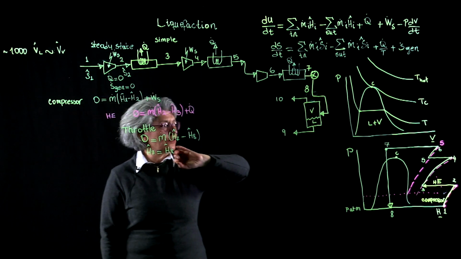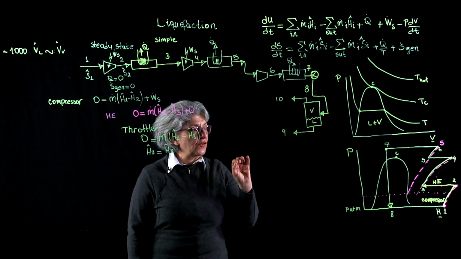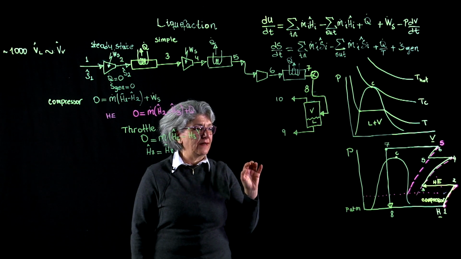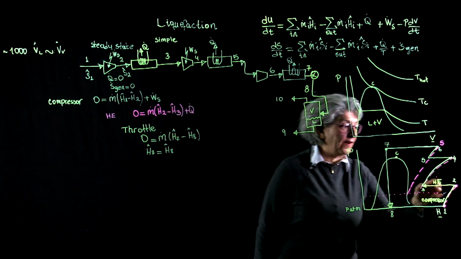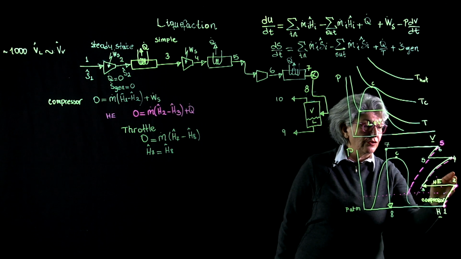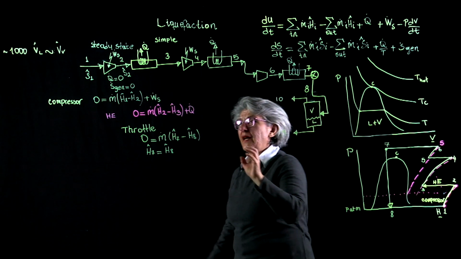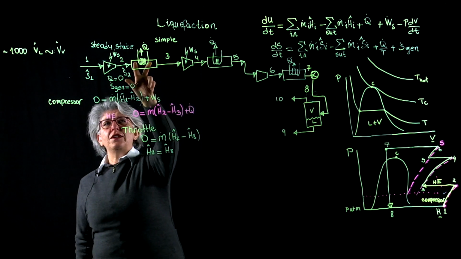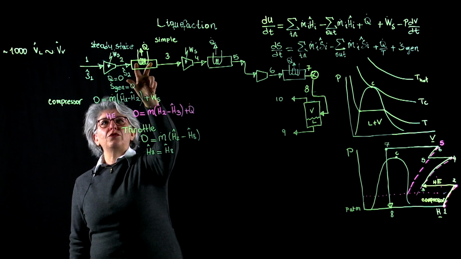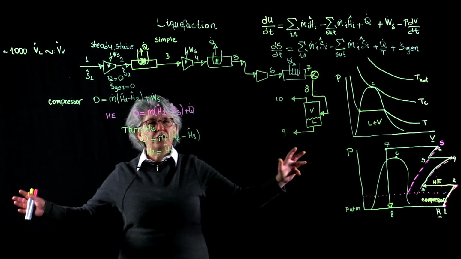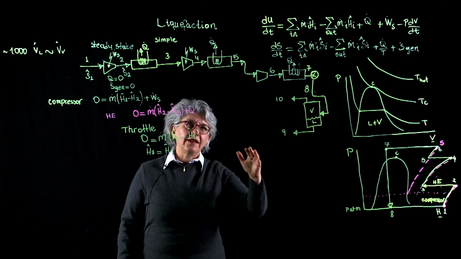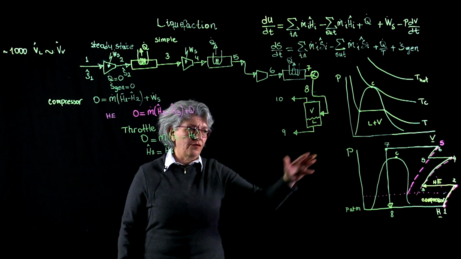Our heat exchangers should be designed such that, or the final pressures should be chosen such that we will have a reasonable size heat exchanger here. So we're going to have not too much volumes. Then the second stage, then the third stage, and so on and so forth.